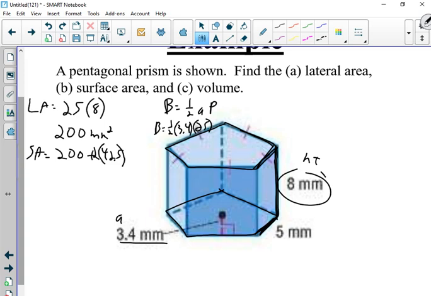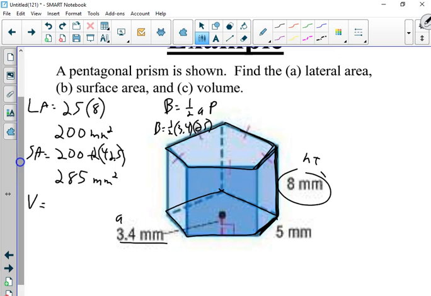Times 2, sorry. It's the lateral area plus 2 times the area of the base. So we double that and get 85 plus 200 is 285 square millimeters.